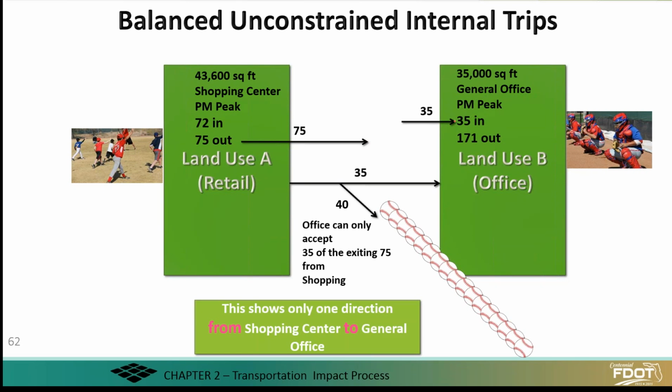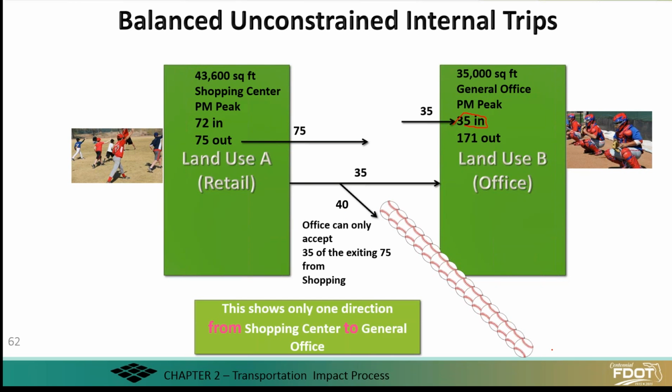So even if 100% of the ins, my drawing is horrible, come from land use A, then only 35 of these 75 can make it. So what that leaves is 40 of these trips, or 40 of the balls that are tossed at the catchers, will end up in the road.